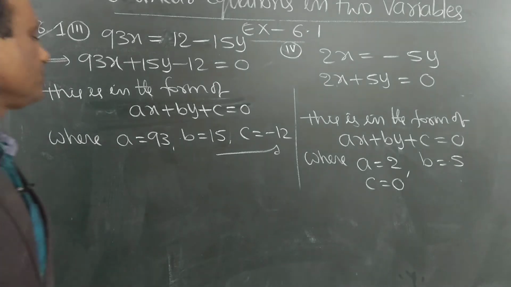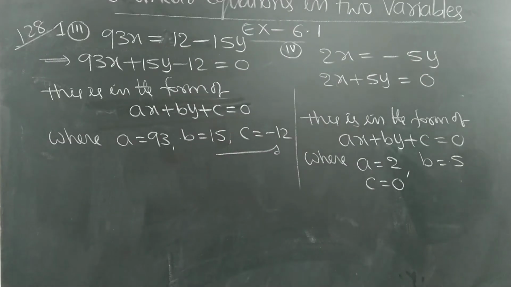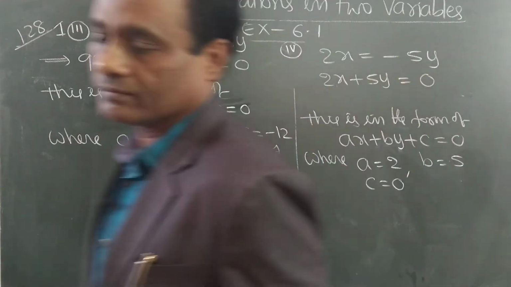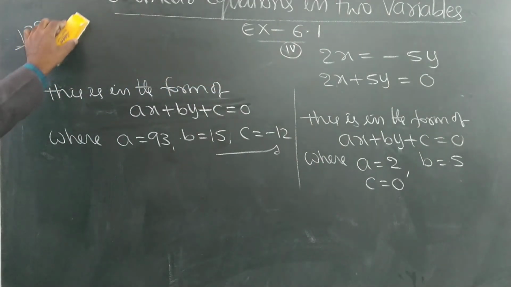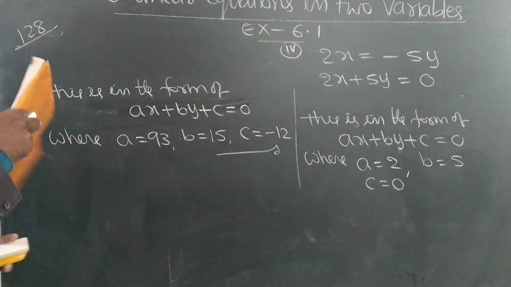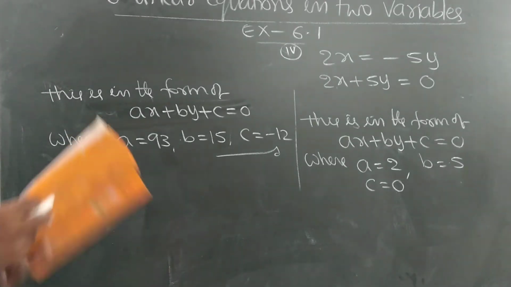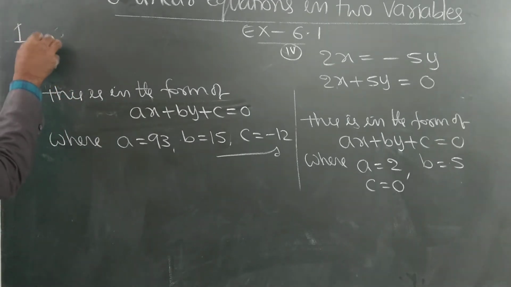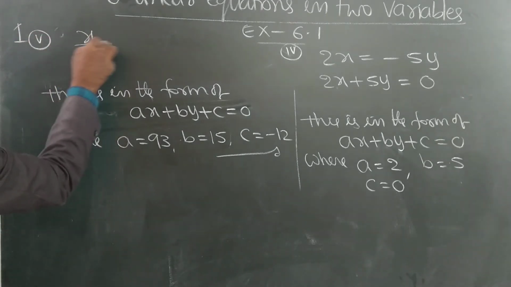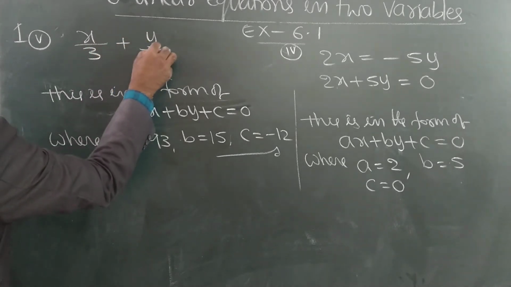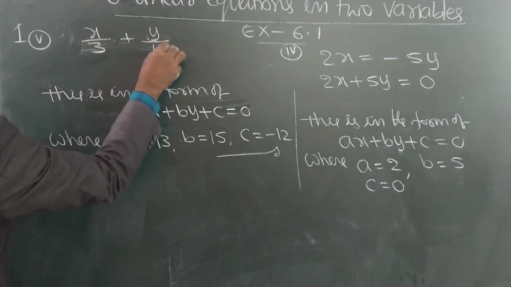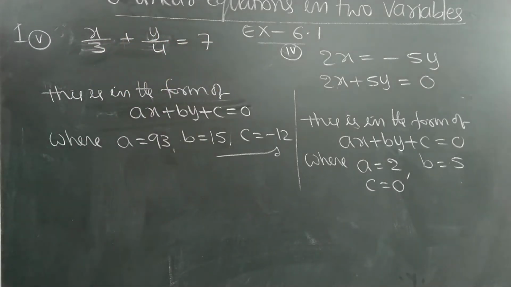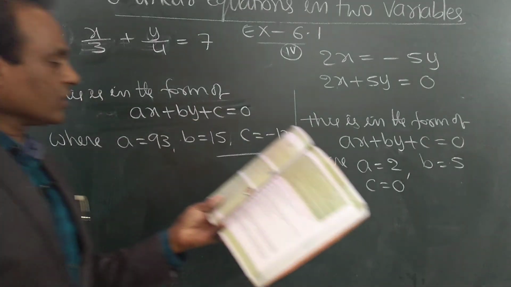Write the next problem. x by 3 plus y by 4 is equal to 7.